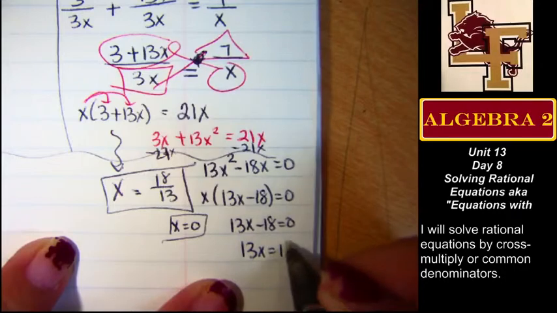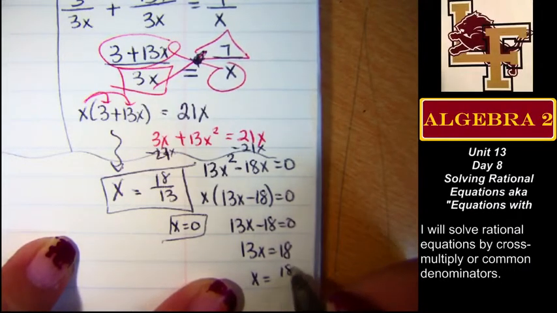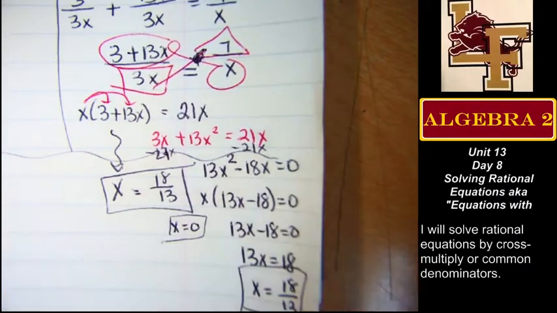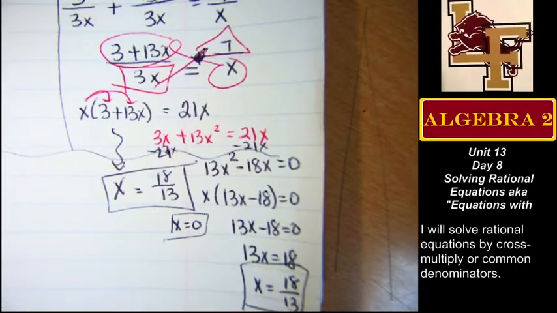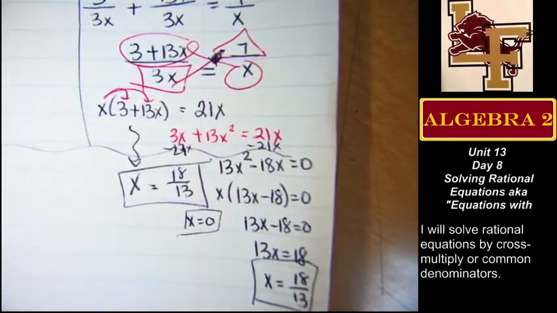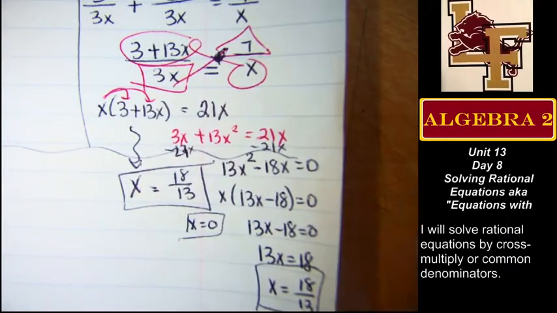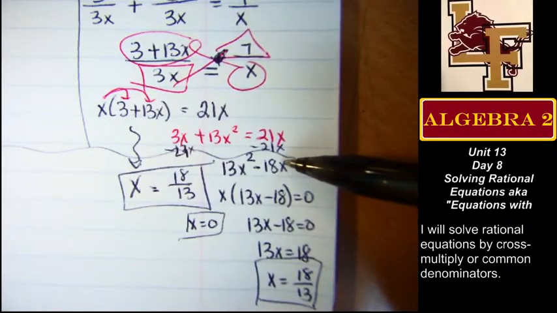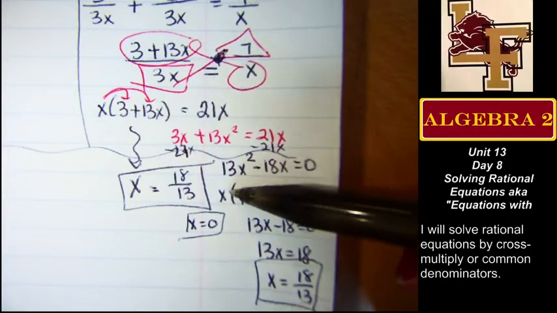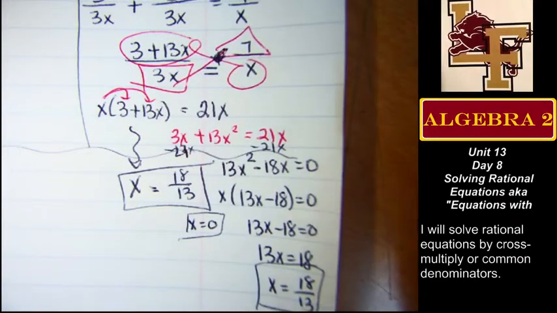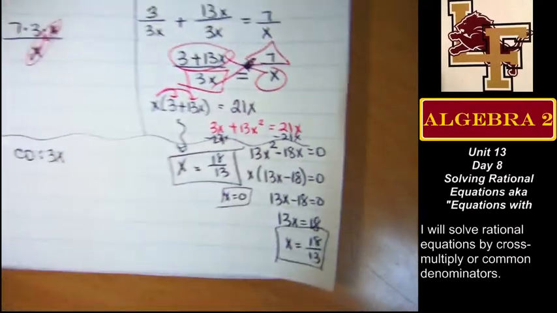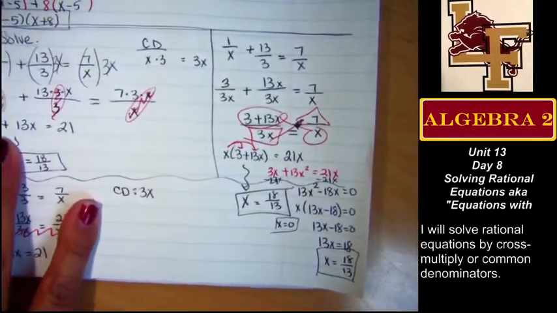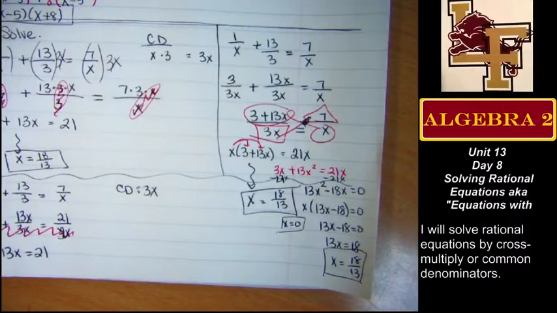Move the 18 over, divide by 13. I factored. They both had a common factor of x. This should feel really weird to you right now, because this was the same equation as the first two examples. And in the first two examples, I had one answer, 18 over 13, and now I suddenly have two. I have x is 0 and x is 18 over 13.